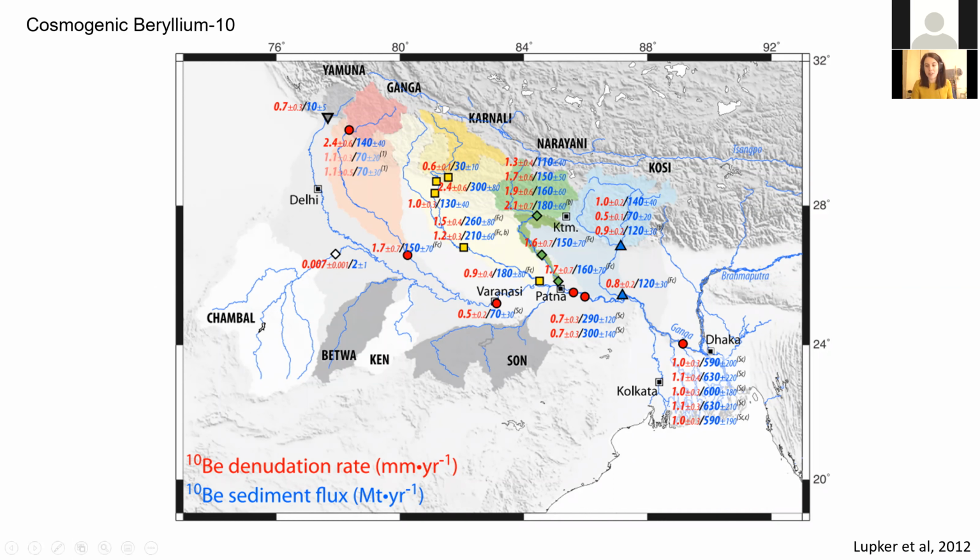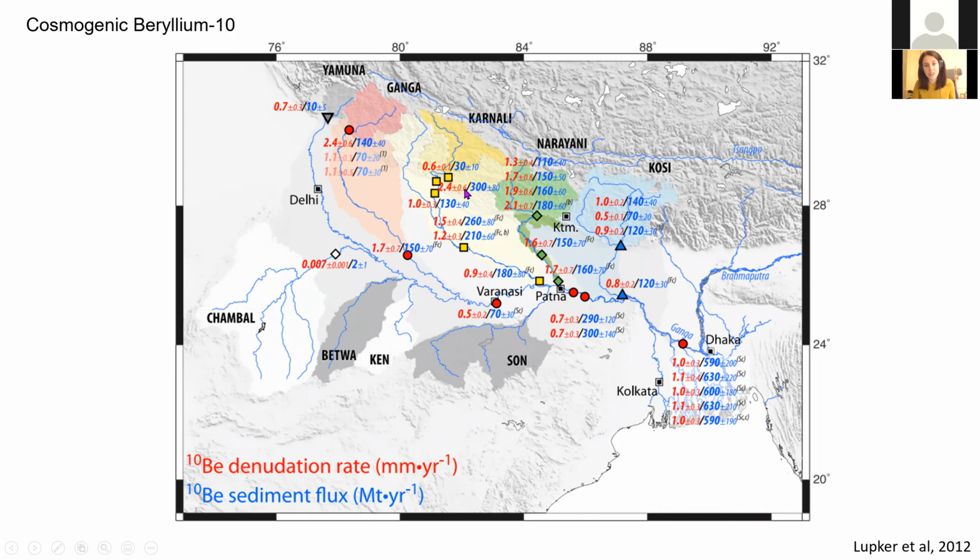One study by Lupker et al. 2012 tried to do this by using cosmogenic beryllium-10 on sand. What we can see here is the red numbers represent denudation rates, the erosion rate in millimeters per year, and the blue is the equivalent sediment fluxes per year. As we can see, within individual catchments, these are repeated sampling years, you do get a little bit of year-on-year variation, which may be due to the stochastic nature of sediment entering these channels.